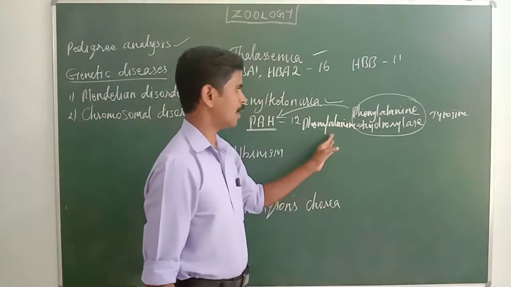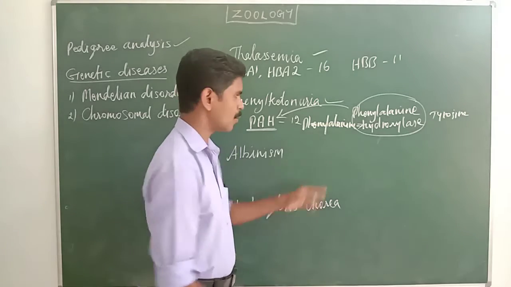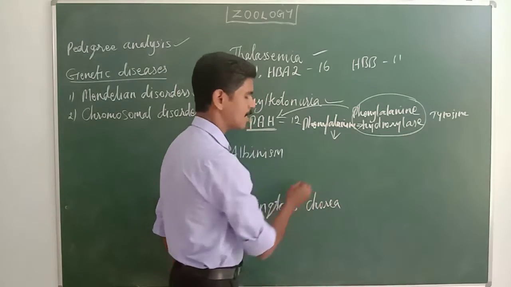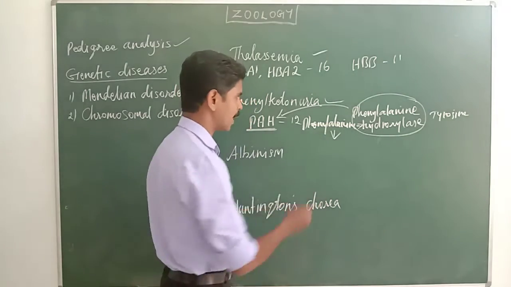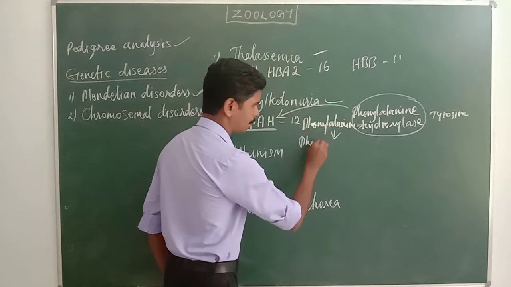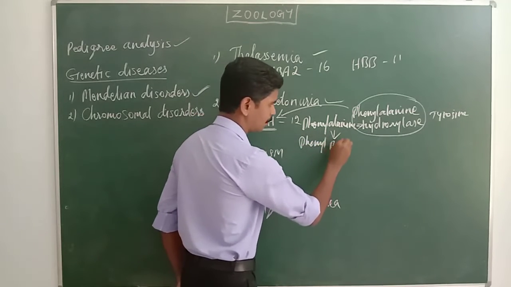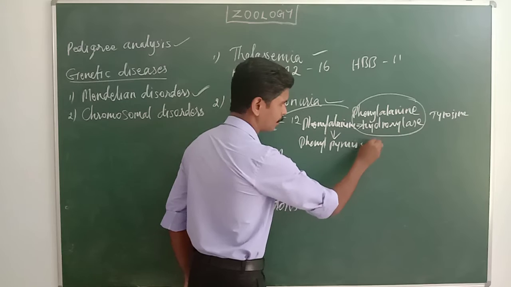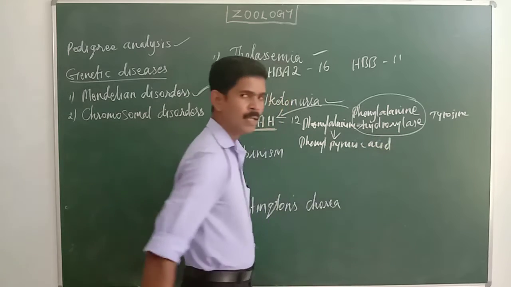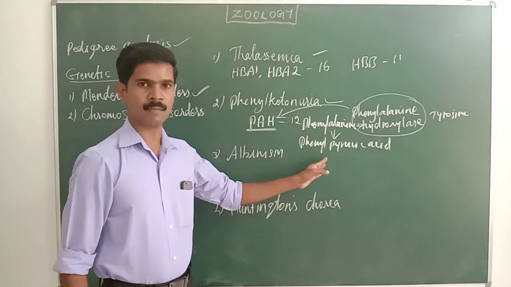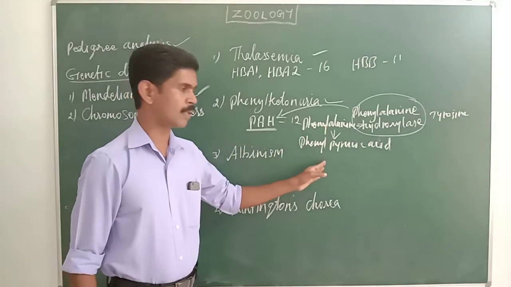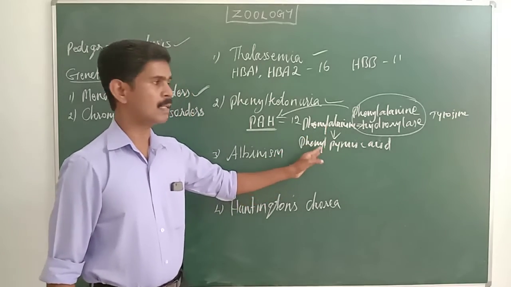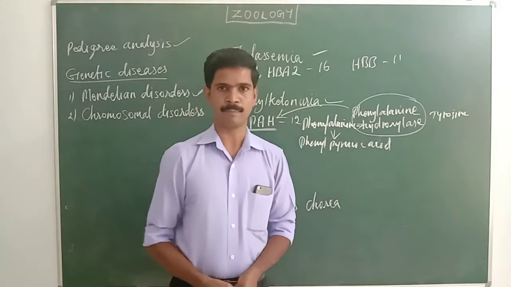Instead, the phenylalanine is converted into another acid. The name of the acid is phenylpyruvic acid. The phenylalanine is converted into phenylpyruvic acid instead of tyrosine.